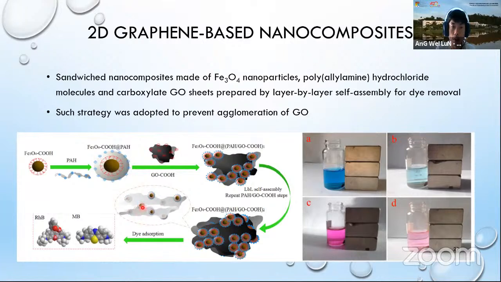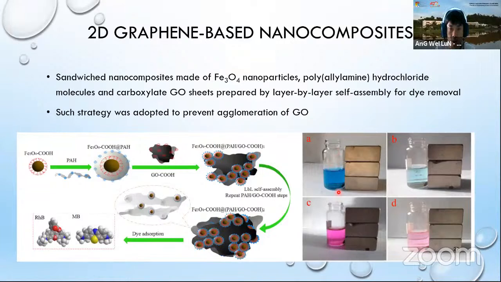Because when the graphene oxide stacks together, two layers combined become just one layer, so the surface area will be reduced. But if you have the nanoparticles in between, you are creating spaces between the layers, okay? So it means more surface area for the pollutants. One thing that I like is that the black color here is the graphene composite adsorbent.